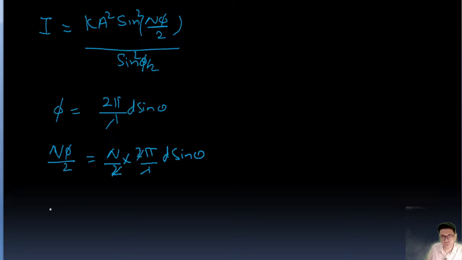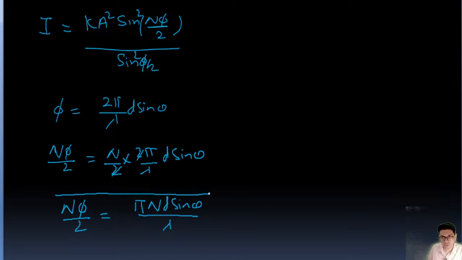The 2 will get cancelled, and the value of n phi by 2 is going to be n pi d sine theta upon lambda. Important result you need to note down.